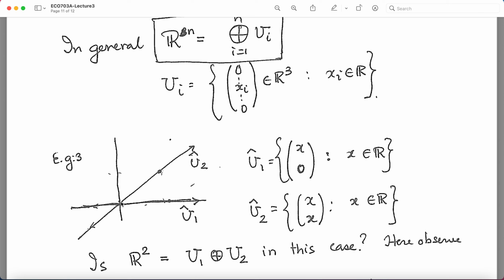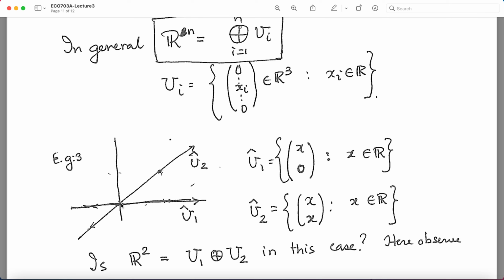This is the only intersection they have, the origin 0, 0, the 0 vector of the space. So, then if you do the summation of elements there, they will become a direct sum.